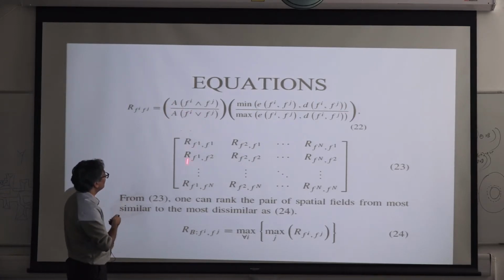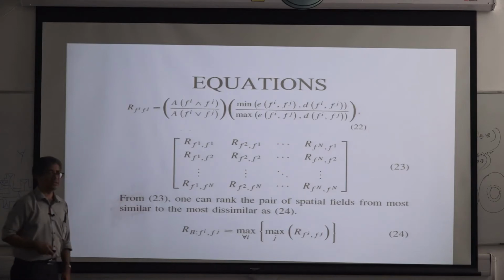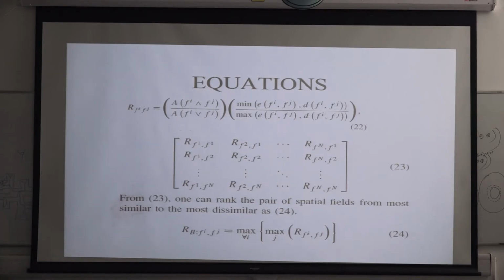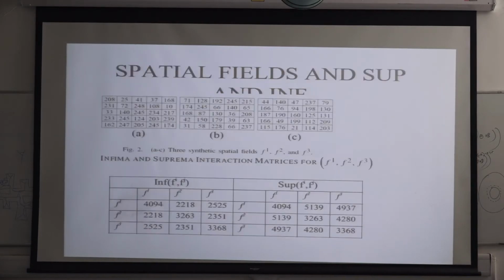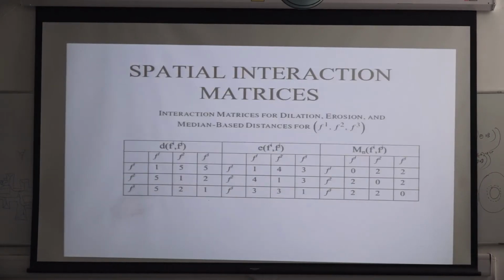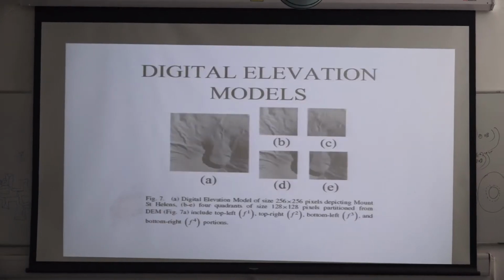And from this, for all possible pairs of images in the database, you can create a kind of interaction matrix. And then finally, you can pair them, which is the best paired image and which is the least best paired images. And we have given some of those results here.